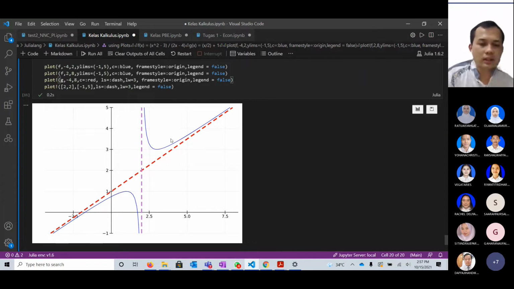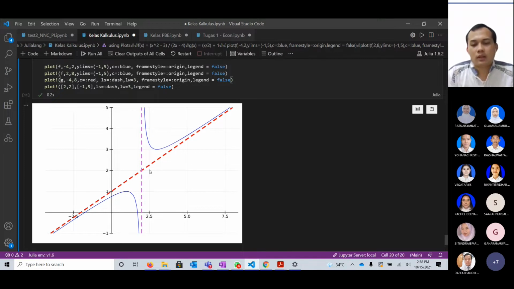As x goes to a number, but the limit goes to positive infinity or negative infinity, we have a vertical asymptote. And for the slanted asymptote, as x goes to infinity or negative infinity, the function will never pass this red dash line.